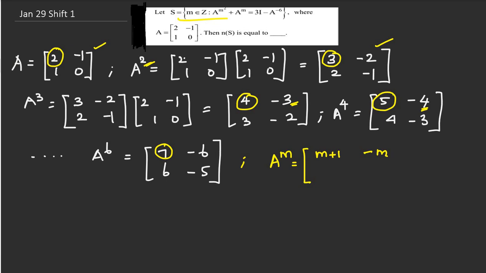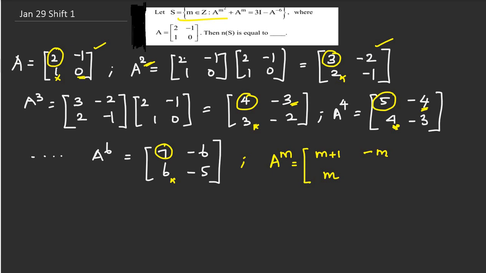m. And the next element, we see here that in matrix A, the A21 element is 1, the A22 element is 2, a cube is 3, a power 4 is 4, a power 6 is 6, and therefore we can write a power m will be equal to m. The last element is 0.